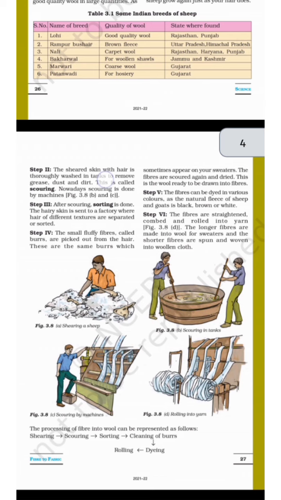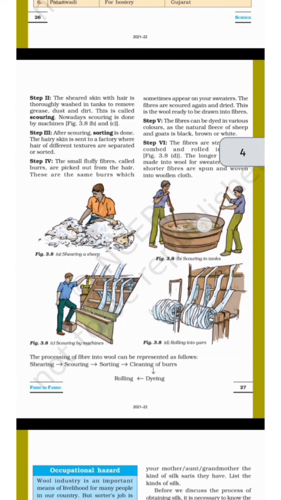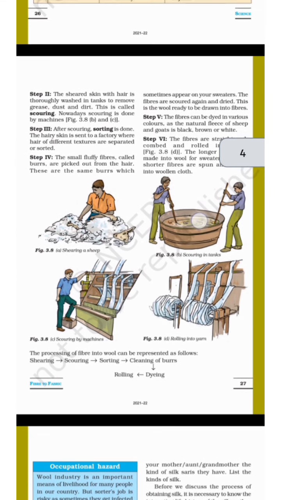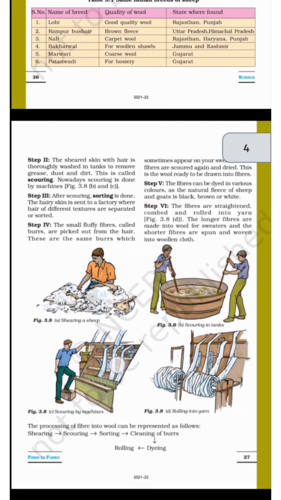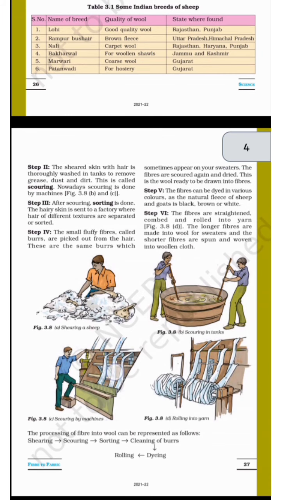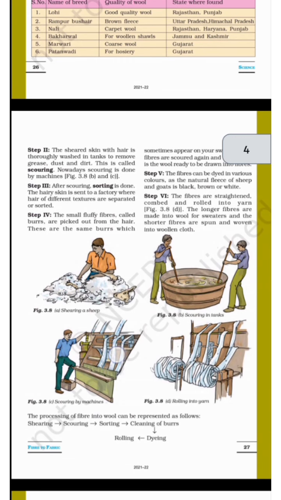By washing, we can remove the dust and dirt present in the hair of the sheep. And look at this picture. This is the process of scouring, washing the sheared hair. This is also the process of scouring by machines. Nowadays, we can use the scouring method by machines.